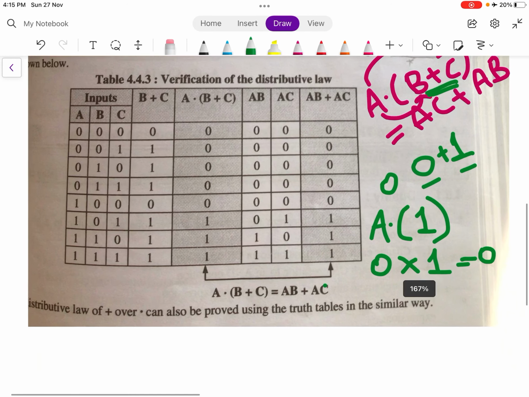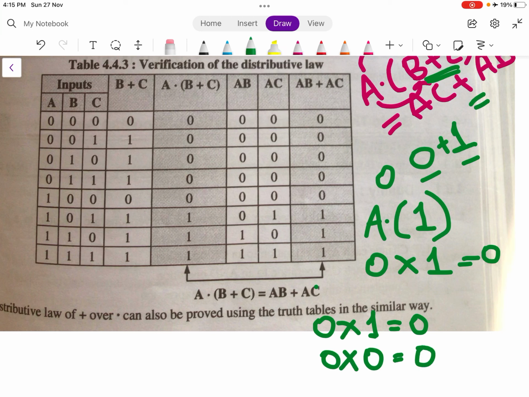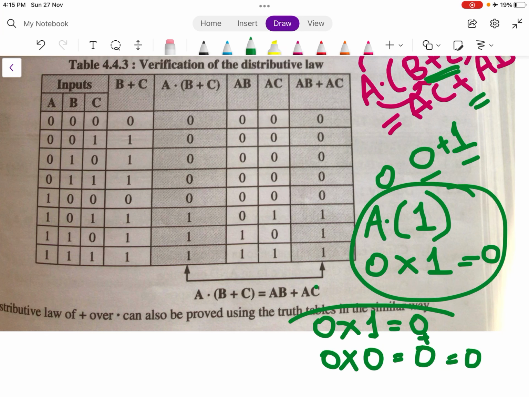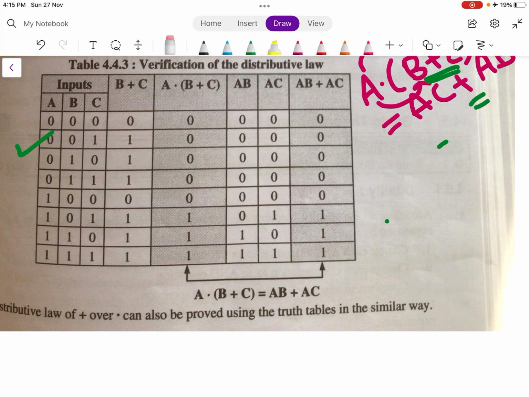Now AC: A is 0, C is 1, so 0. AB: A is 0, B is 0, so the answer is 0. And then you have a plus sign. So 0 plus 0 is 0. Here also you got a 0. So LHS is equal to RHS. Like this we can prove it for each and every element.